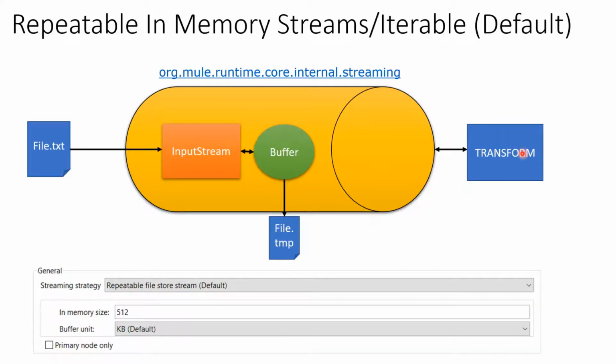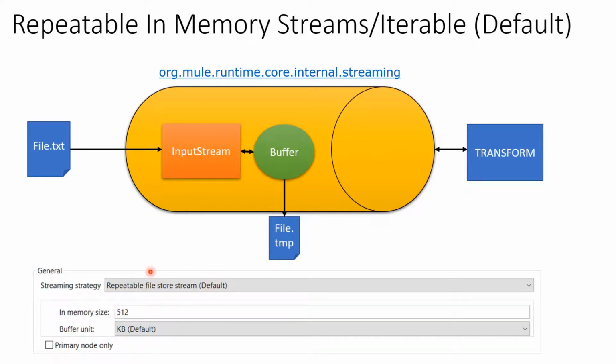So someone reads the file, puts a logger in front of the file and prints the payload, and once the payload is printed, it's as good as being consumed, right? So when you try for the next transform, the value is lost from the stream and you are not able to get it. So by default we have a repeatable stream.